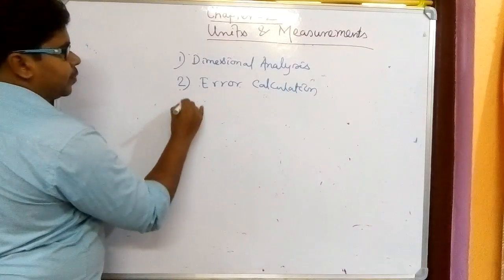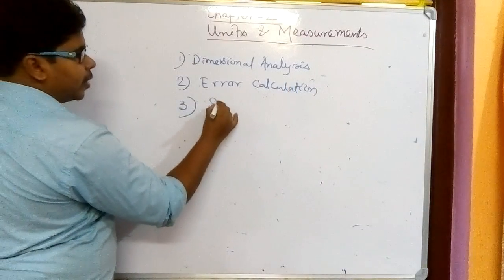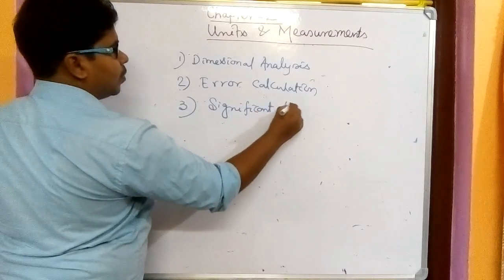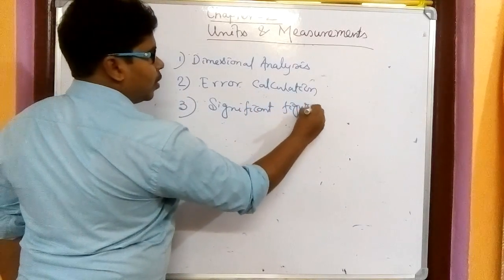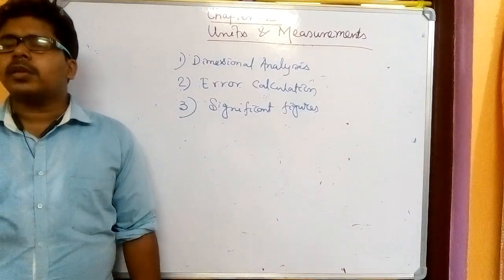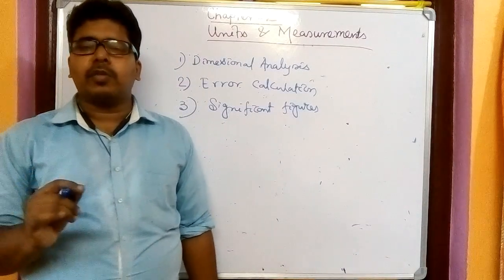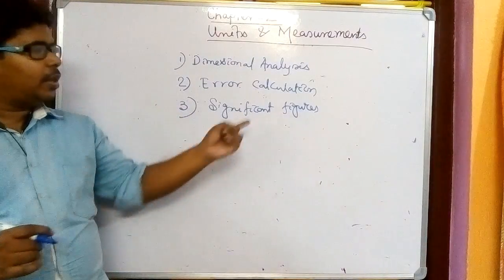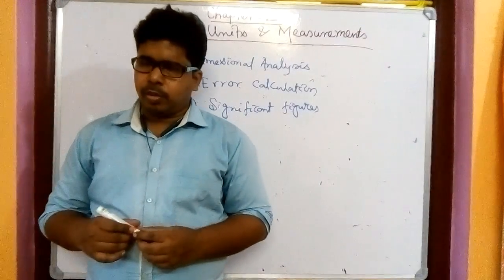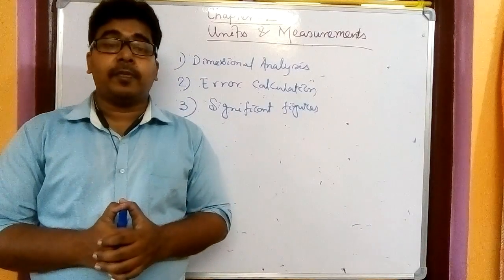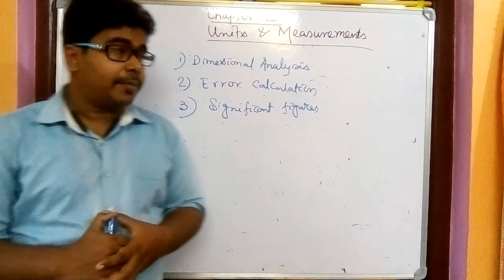And number three, significant figures. So these three things we will discuss from the units and measurement chapter. From these three, questions have come in your board as well as in any sort of competitive exam you are going to face later.